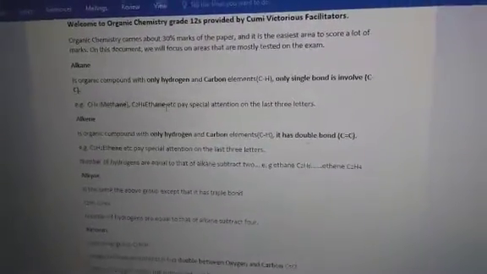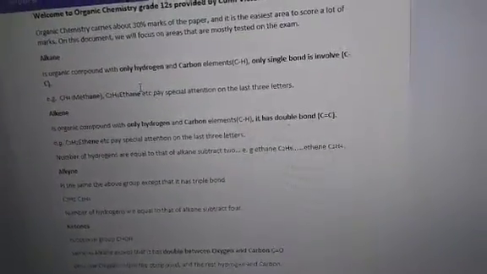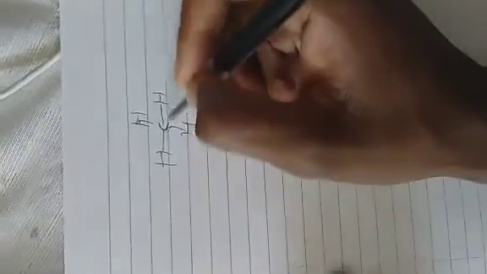Let me make an example of an alkane as a diagram. The first compound is methane, which is 1 carbon. So you have all H's around C, and it's one bond. It's just one bond.